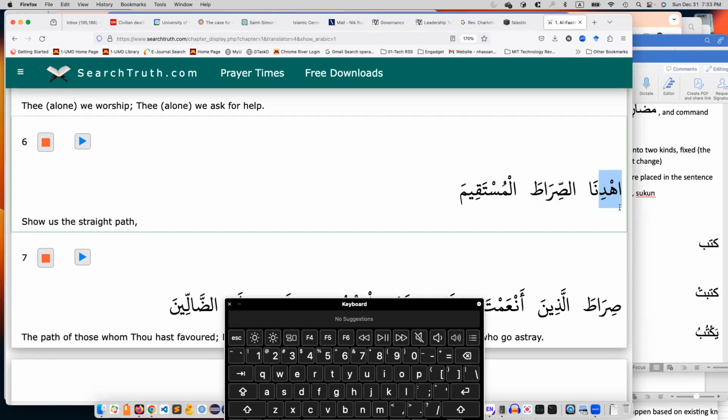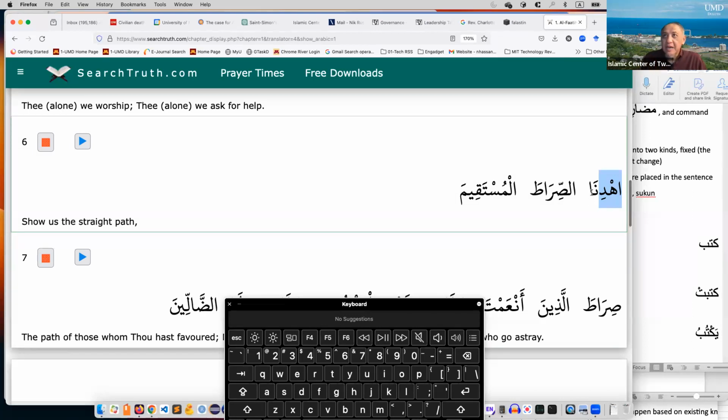So this one is ihdina. Ihdi means guide, which is a request. Na means us. Ihdina, guide us. So it starts with a fi'l. Because it starts with a fi'l, this is a jumla fi'liyah, which is a verbal sentence.